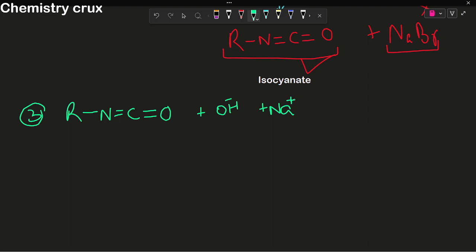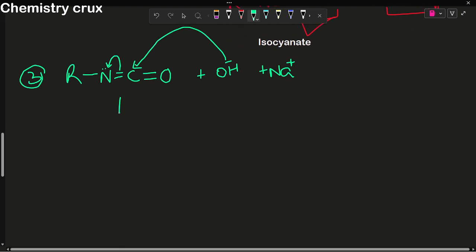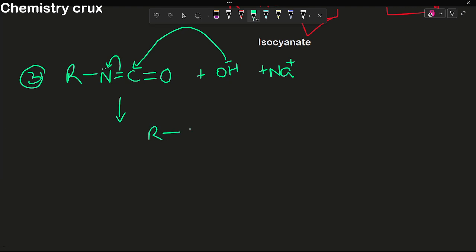Let's see what happens further. So this OH negative will be attacking this carbon, and simultaneously this bond will be converted into the lone pair of this nitrogen, which already had a lone pair of electrons, right? So let's see what is there now. So we got something like this: R-N double bond with two lone pairs of electrons and a negative charge, and C, which has OH on one side and double bonded oxygen on the other side.